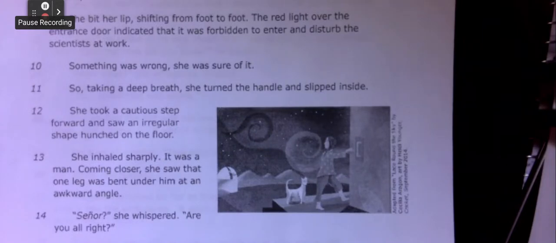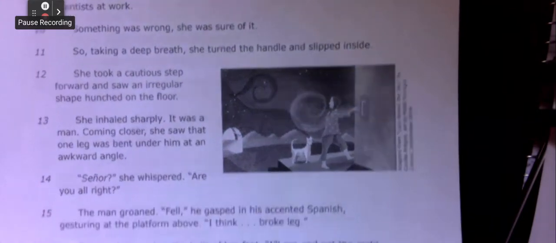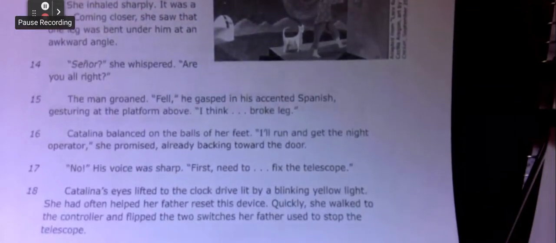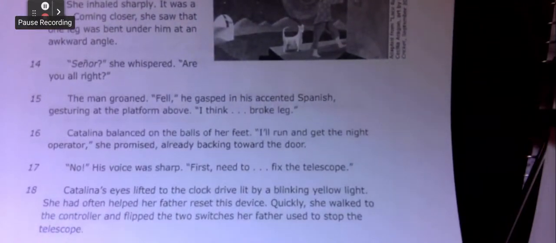She took a cautious step forward and saw an irregular shape hunched on the floor. She inhaled sharply. It was a man. Coming closer, she saw that one leg was bent under him at an awkward angle. "Signor," she whispered, "are you all right?" The man groaned.